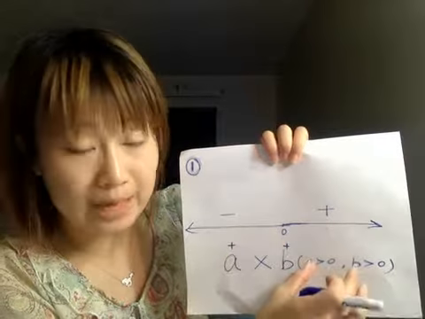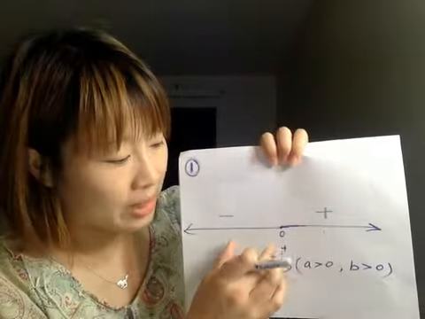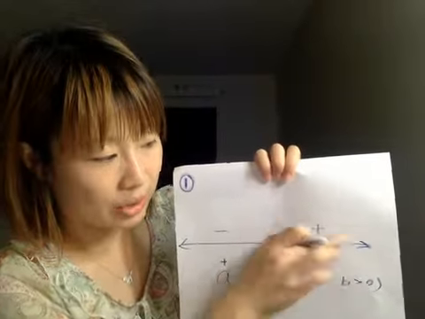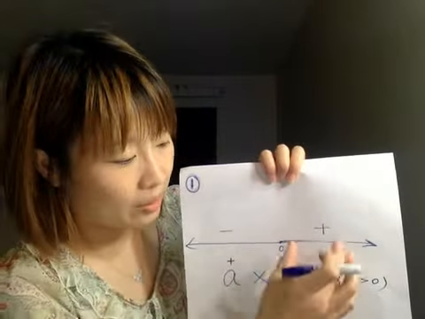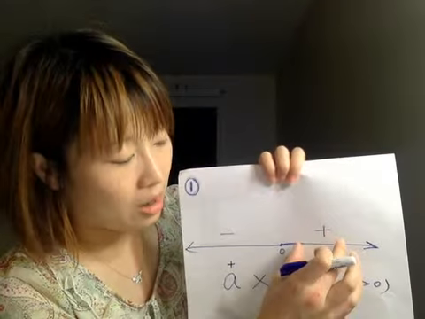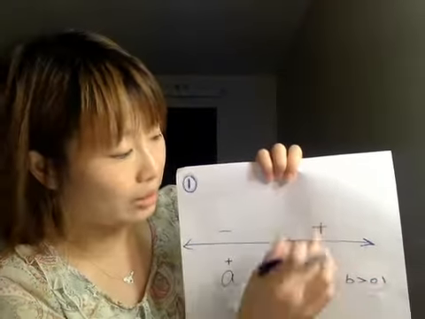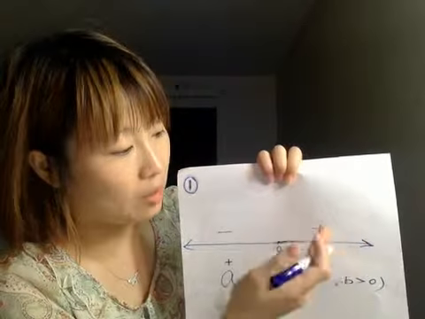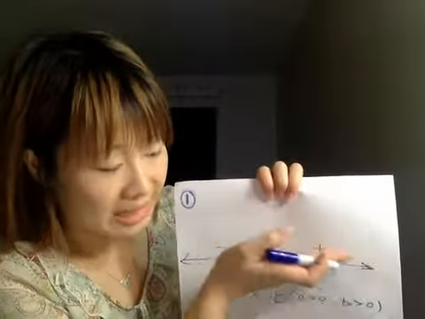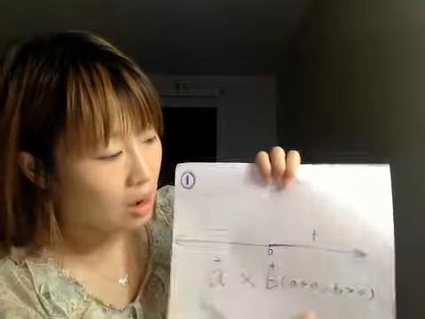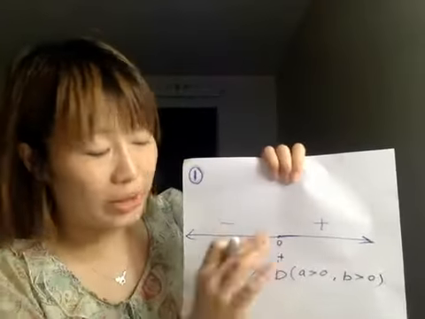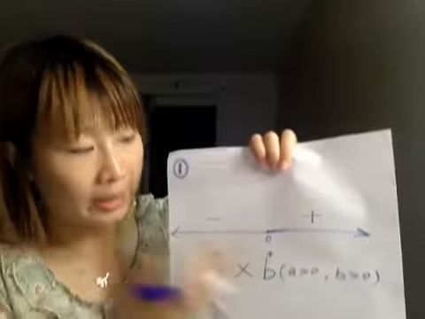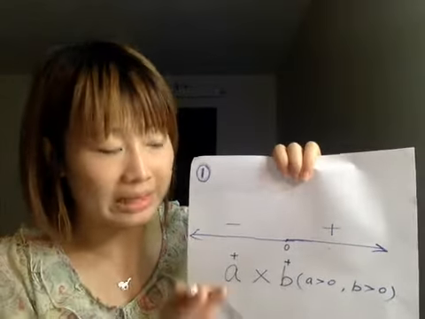So a and b both go in this direction, and we can easily tell that a times b always goes in the positive direction, because we don't have any negative numbers here, so we don't need to consider that situation.